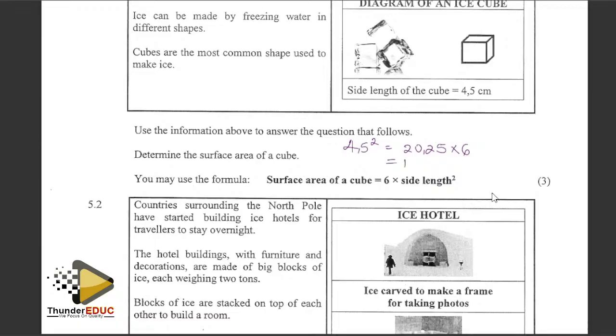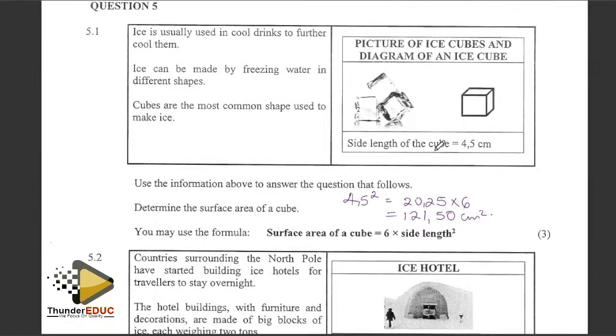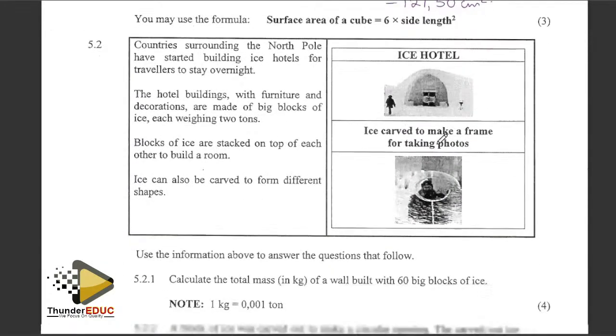And the answer became centimeters squared. That's right. Determine the surface area of a cube. That's what they wanted you to do. 3 marks. Substitution, please don't forget the units. Don't forget the units. Always.